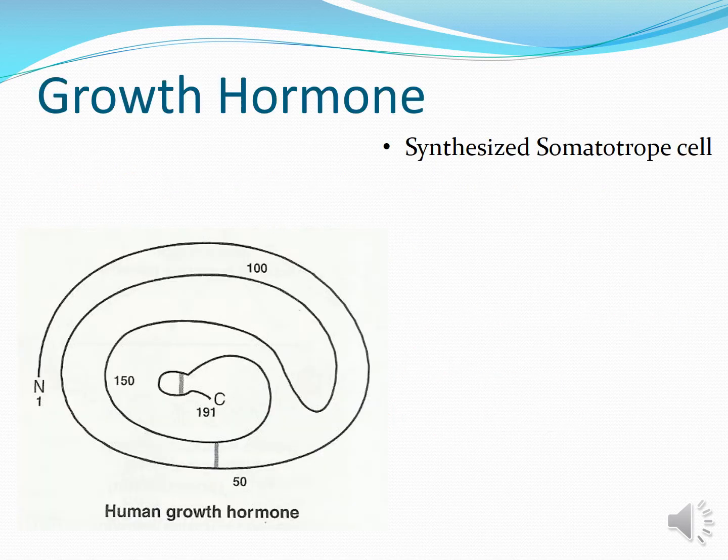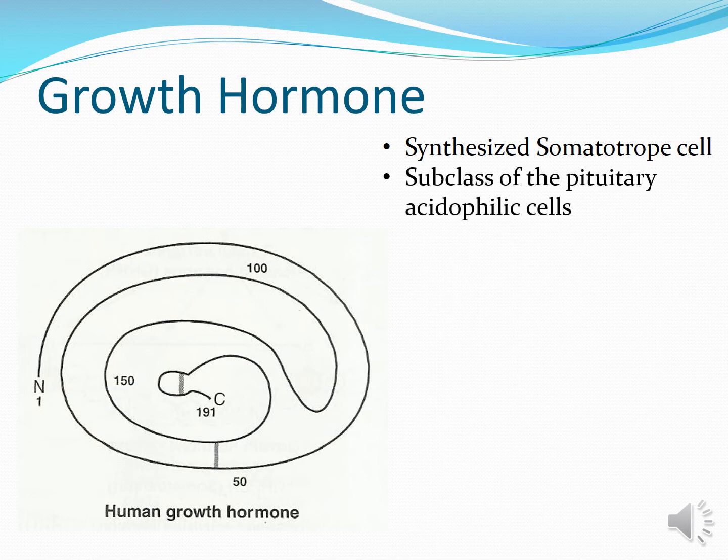Growth hormone is synthesized in somatotroph cells, which are a subclass of pituitary acidophilic cells. The concentration of growth hormone in the pituitary is 5 to 15 milligram per gram, which is much higher than the microgram per gram quantities of other pituitary hormones.